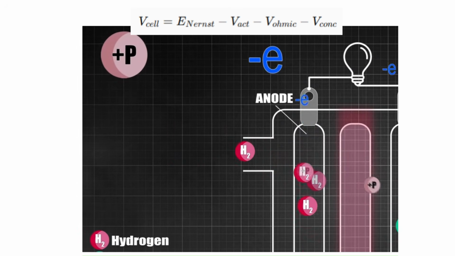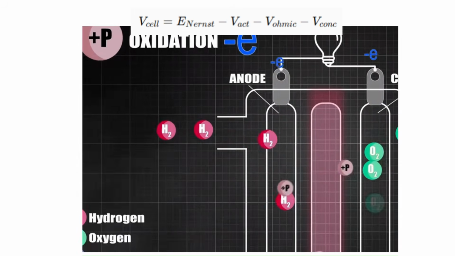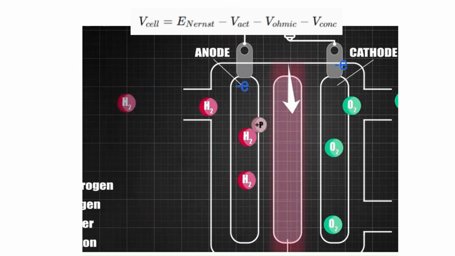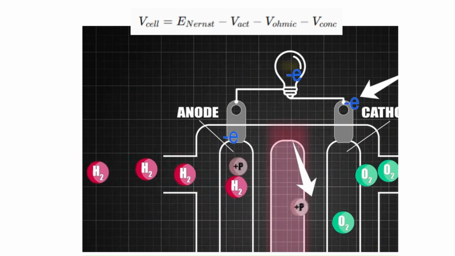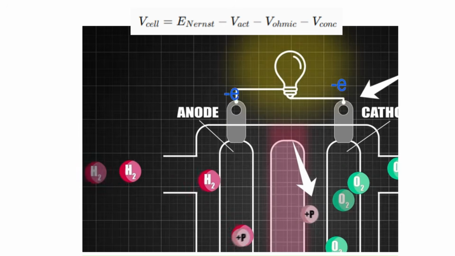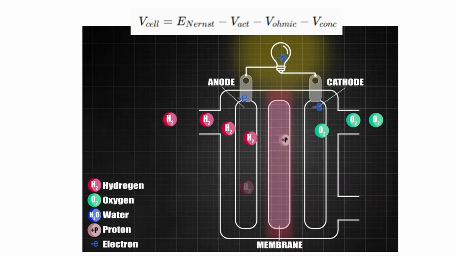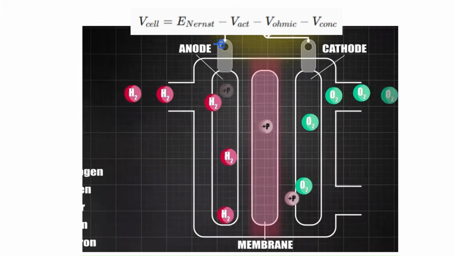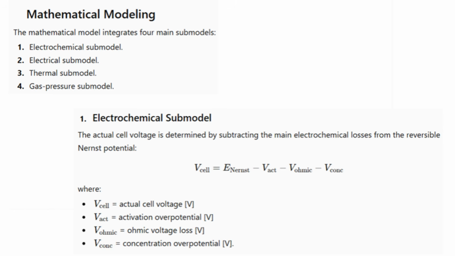That is, voltage equals Nernst equation minus activation voltage minus ohmic voltage minus concentration voltage. This equation is fundamental because it allows for a more realistic representation of the cell's voltage behavior as the current changes.